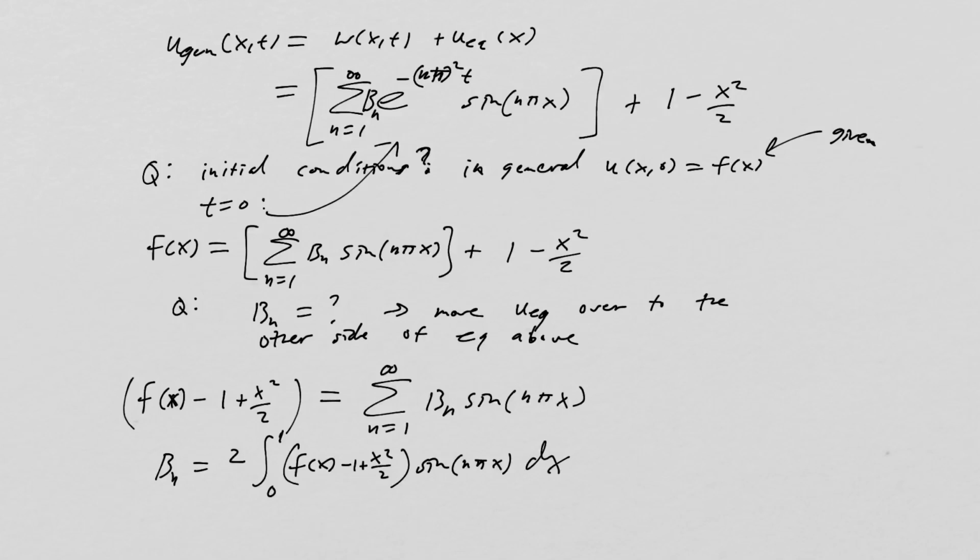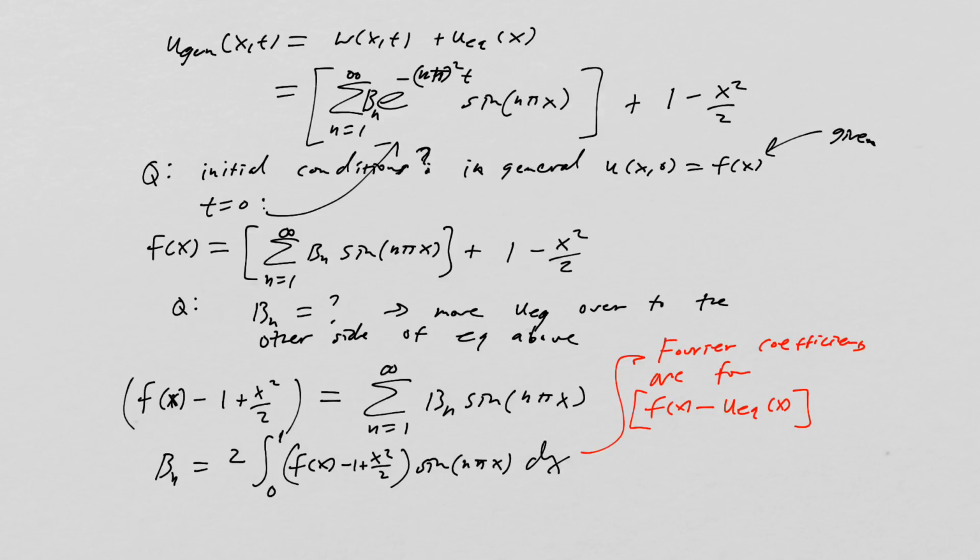So what this says is that the Fourier coefficients are for the initial condition f of x minus ueq of x. That's what the Fourier coefficients actually represent. They don't represent f itself, but rather a modified version of f.